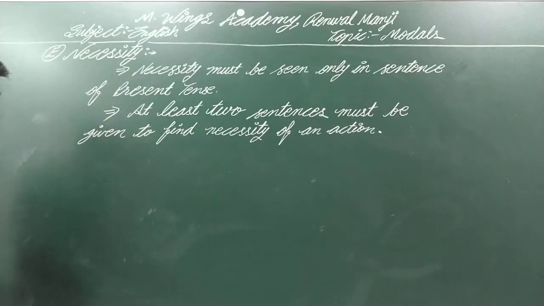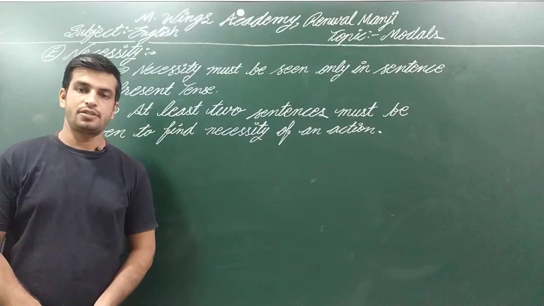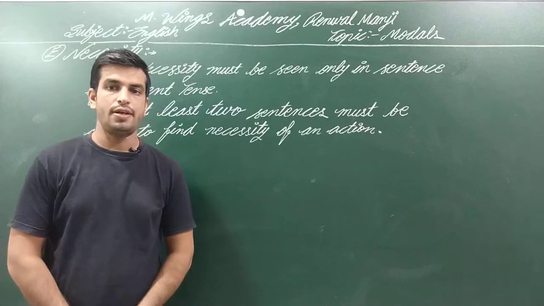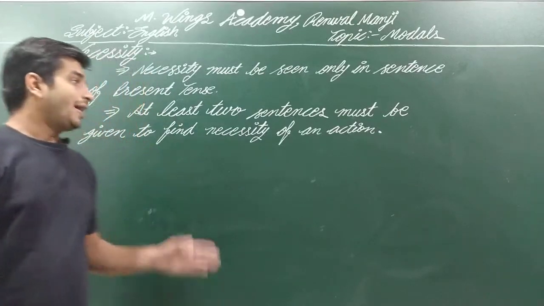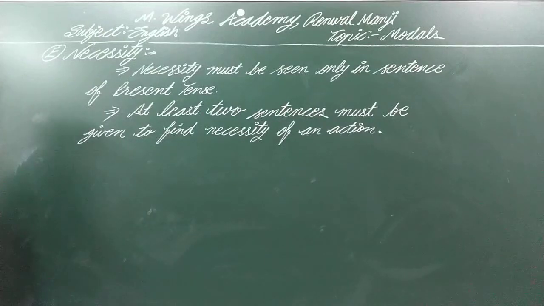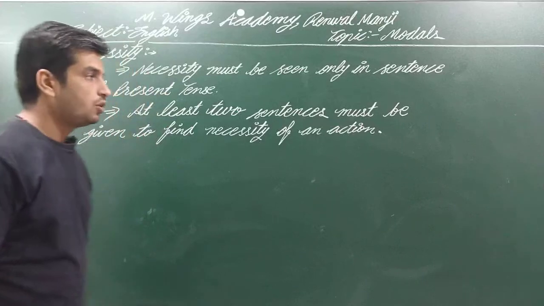It means if in the question there is only a single sentence, we cannot find the necessity of an action. At least two sentences must be given to find the necessity of an action.